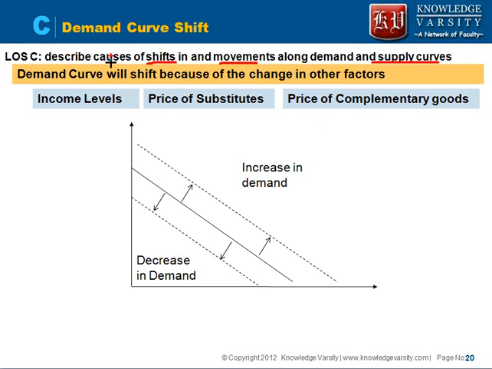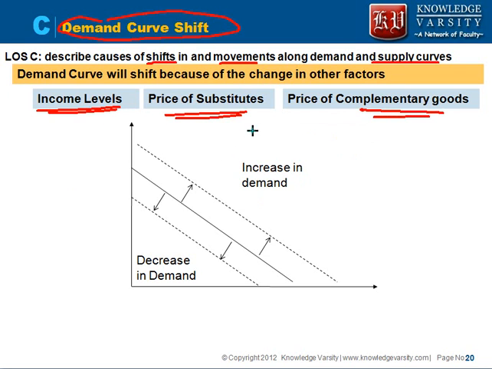However, what causes the demand curve to shift? The demand curve shifts because of these factors: a change in the income level, or a change in the price of a substitute or the price of a complementary good.